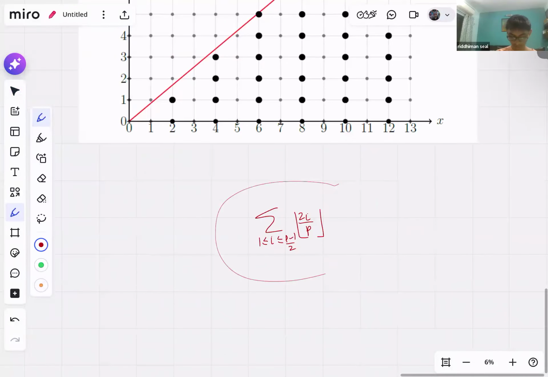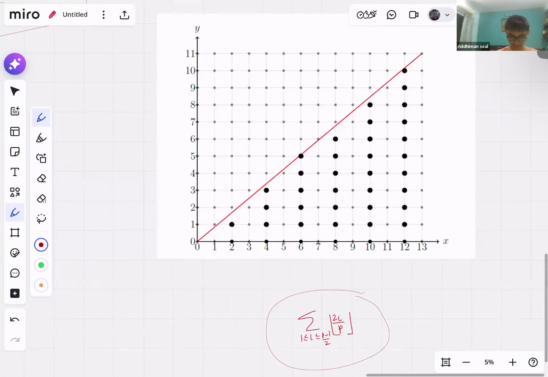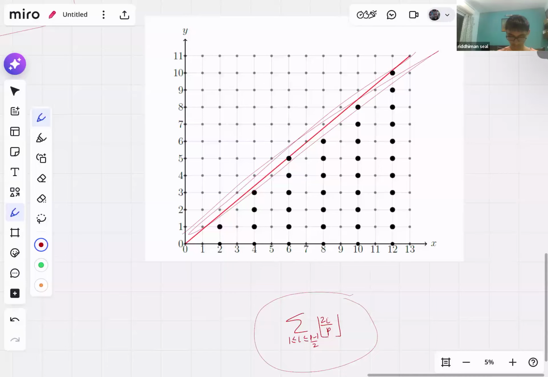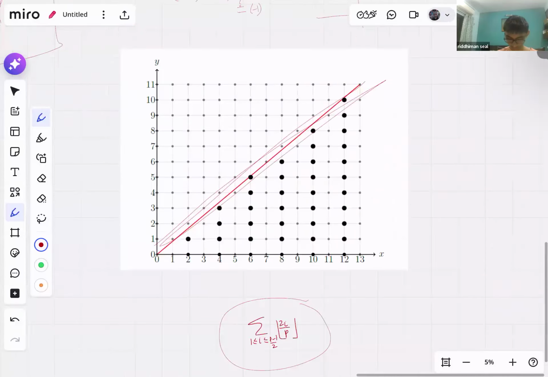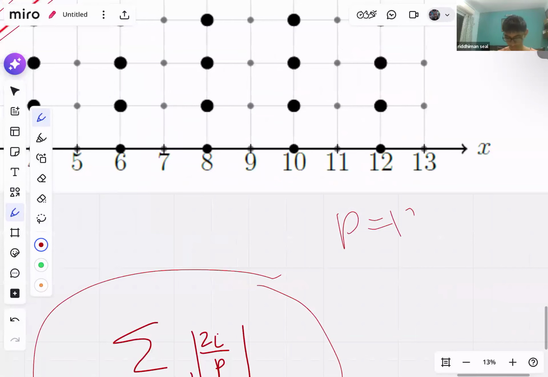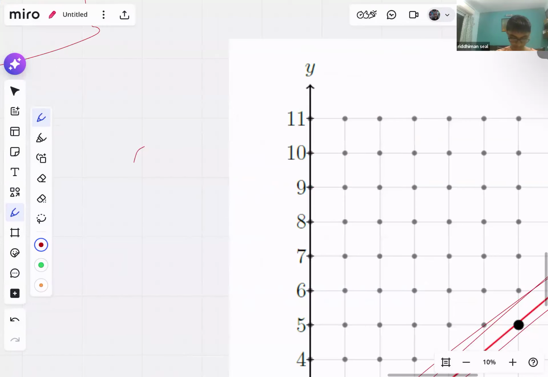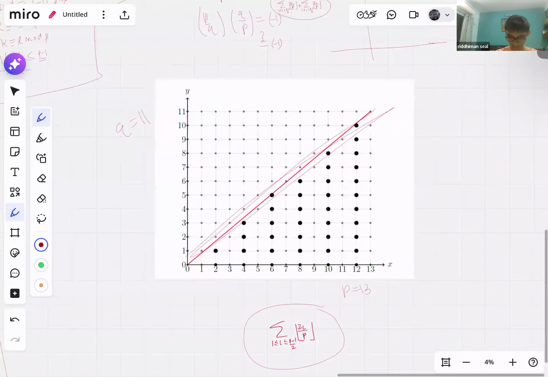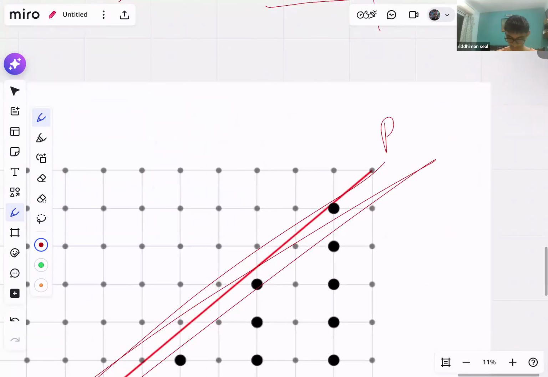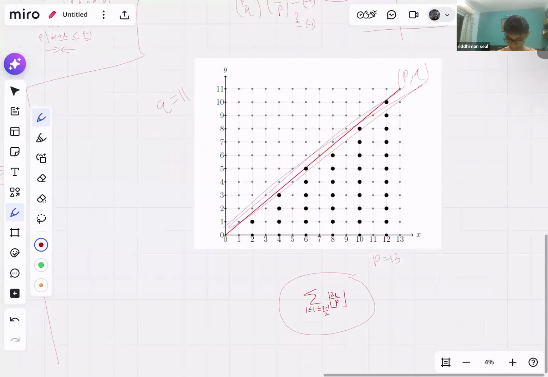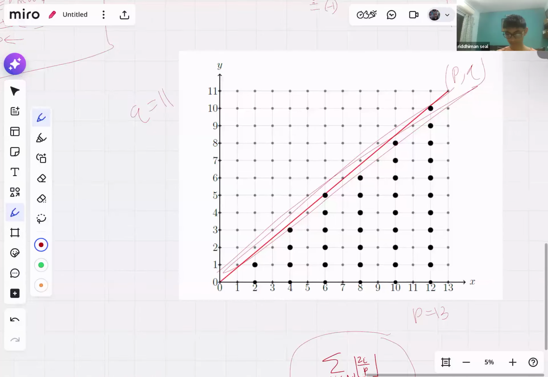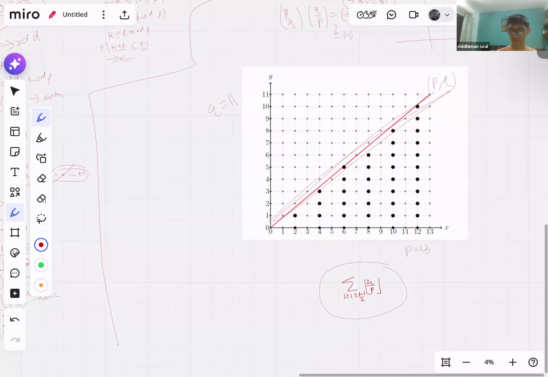Yes, this summation here is the number of points with even x coordinates under this line. In our case, we take p equal to 13, just as an example, q equal to 11. So this point is (P, Q). And this summation represents the number of points with even x coordinates under this line.